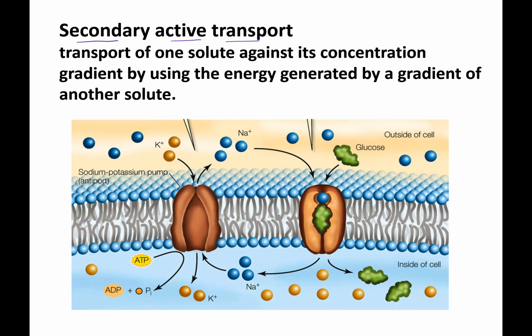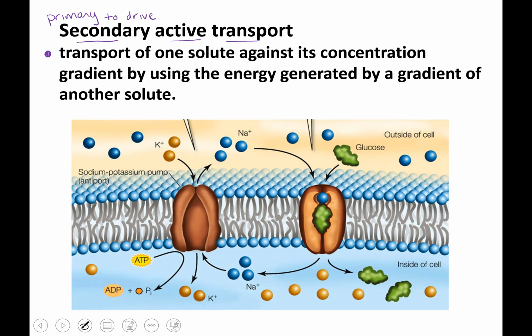And this means that one solute or molecule is moved against its concentration gradient by using the energy generated from another one. Okay. So we have to have primary, which is what we just talked about, to drive secondary. So let's break this down.